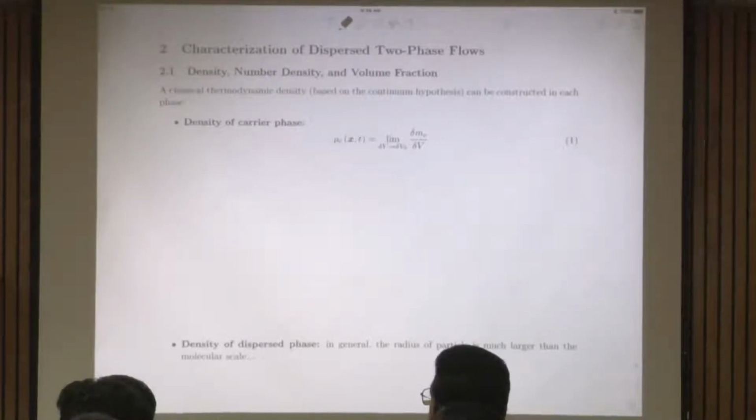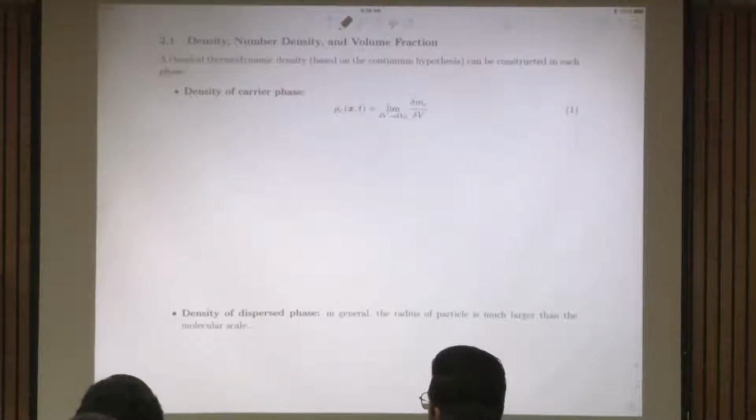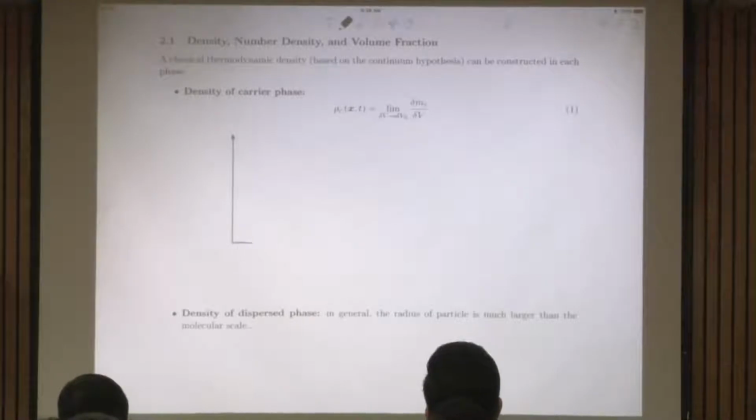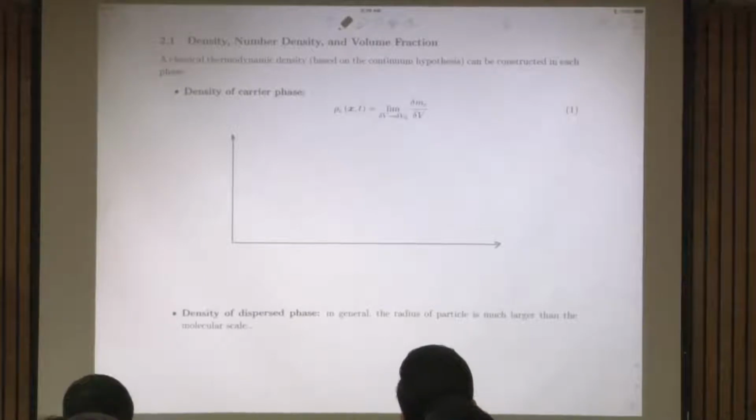A very naive way of thinking about that is to mentally imagine an experiment wherein you scoop out a little chunk of the fluid and you weigh it, and then you take the mass that you've obtained in this measurement and divide it by the volume of your little scoop. That gives you your density. Okay, that's a concept that's fine, but you can imagine that it is not independent of the size of the scoop that you choose.